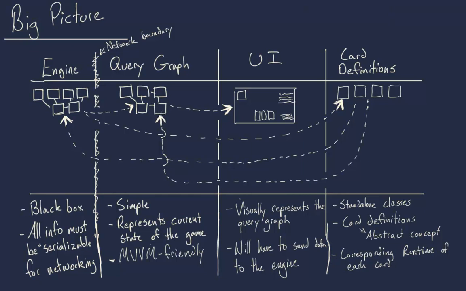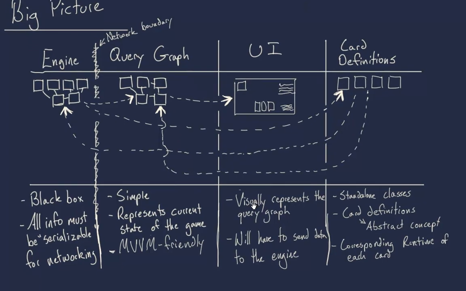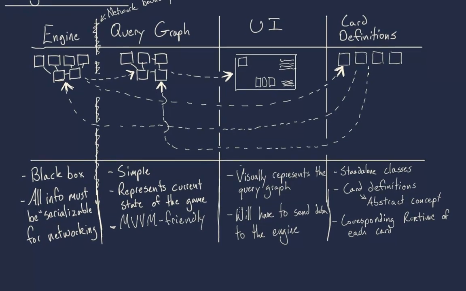Now, what are you anticipating the problem being if you were to provide access to the query graph? The issue with that is that the query graph and the UI are tightly coupled. Correct. By design, they're tightly coupled. I don't necessarily want the card definitions to be tightly coupled with something that's also tightly coupled with the UI, because the UI is always subject to change.